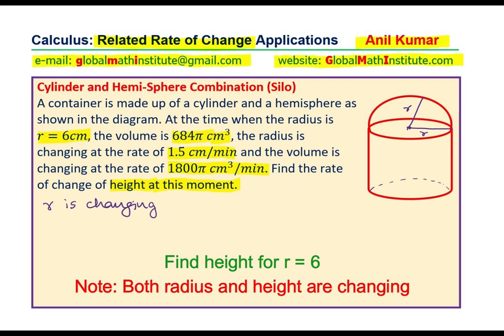Since we are given the rate of change of radius, which is dr/dt, is 1.5 centimeters per minute, right? So we are not writing units here.